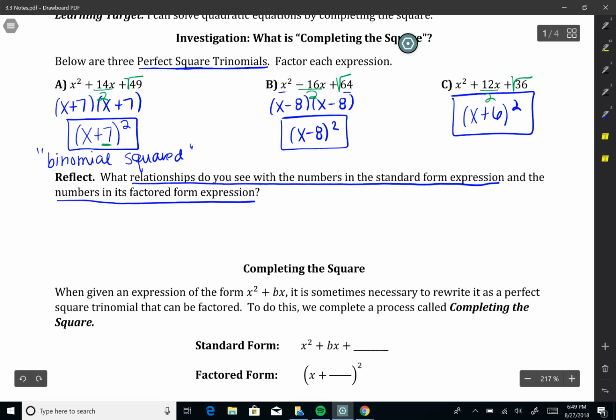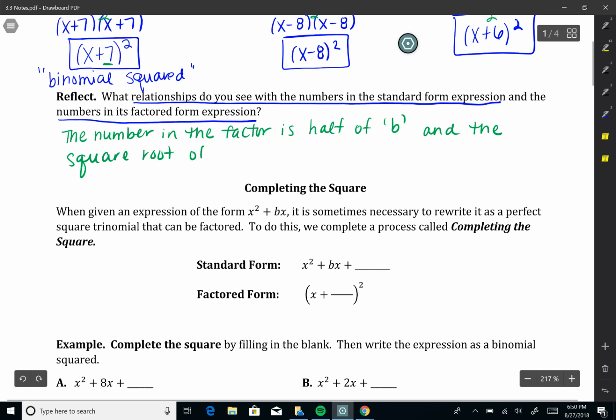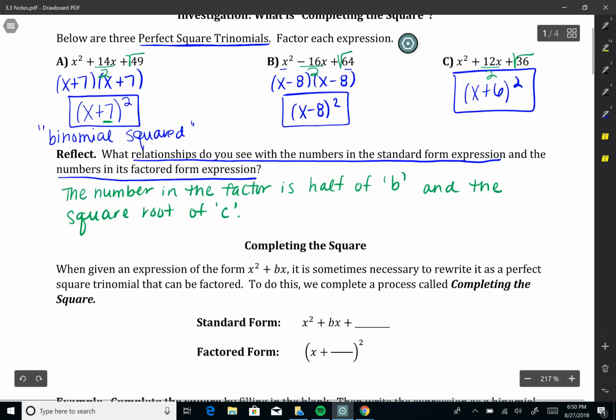So here's our relationship. The number in the factor is half of B, remember that's the coefficient of the x term, and the square root of C. If that is true, that means if I take half of B, that's B divided by 2, and square it, I should get C. Looking at A, 14 divided by 2 is 7, 7 squared is 49.